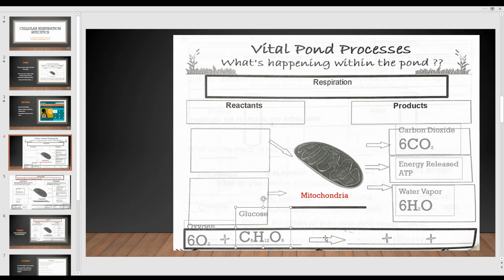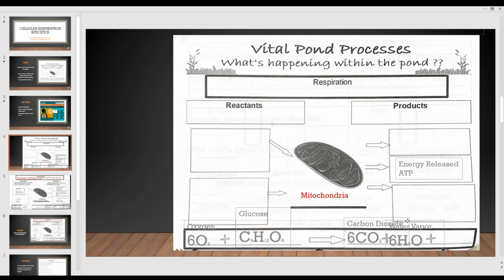They go into the mitochondria, and carbon dioxide, 6 molecules of carbon dioxide are released. That's what we exhale. We also exhale 6 molecules of water vapor. Put that here. And the whole purpose of this reaction is to create or release the energy that plants stored in the glucose. So again, this is an energy releasing process, and this should go down here.